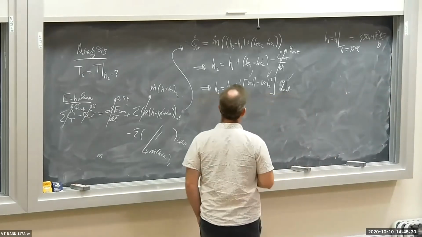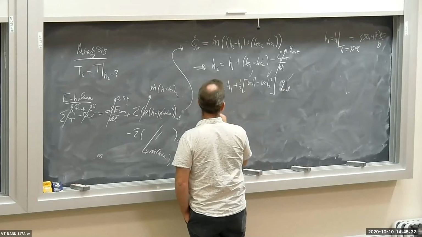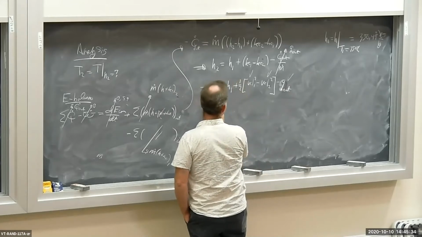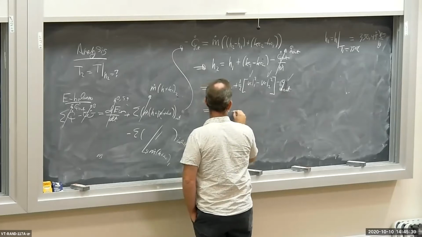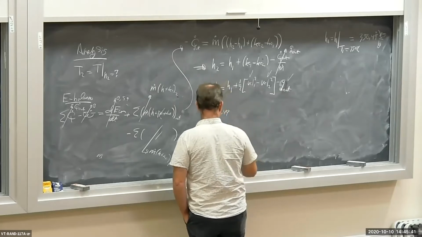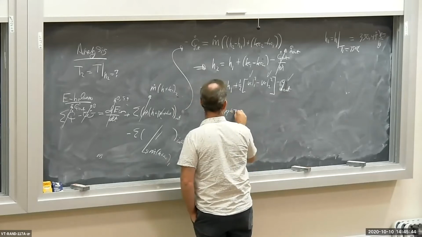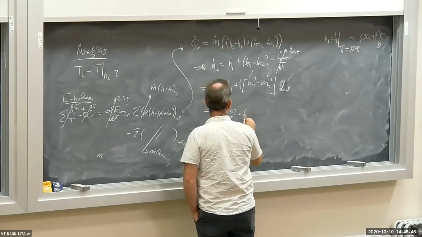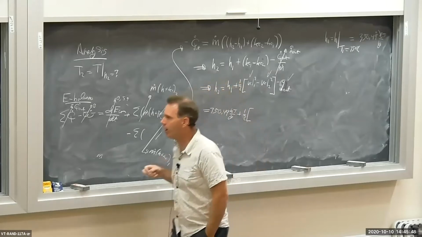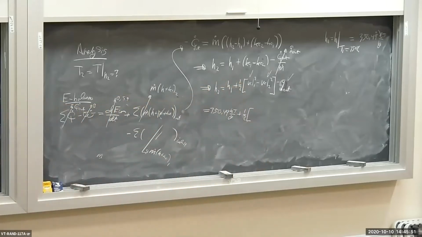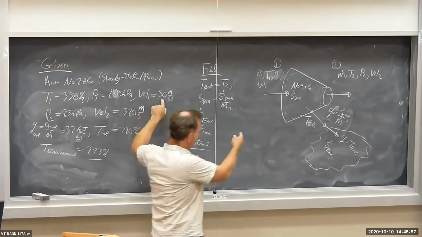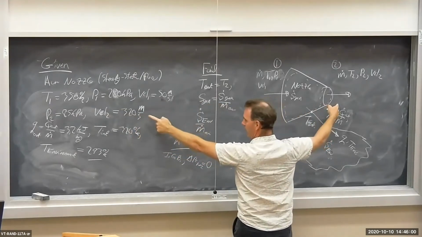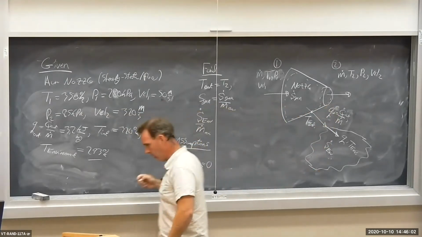So that means, let me plug in some numbers here. So we have 350.49, and then I have plus, let's keep the unit here. Let's be careful with the unit. Kilojoule per kilogram plus 1/2. The inlet velocity is 50 meters per second, and the outlet velocity is going to be higher at 320 meters per second. It's a nozzle.